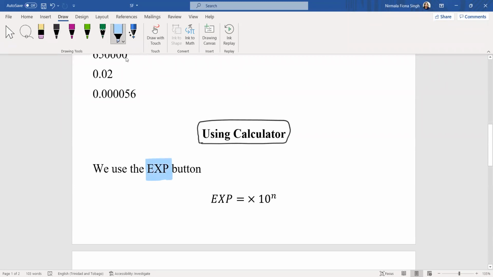I want everybody to look at your calculator and identify a button called EXP. Usually the EXP for some calculators is at the bottom row, or right above your 7. I want everybody to identify that for me right now.